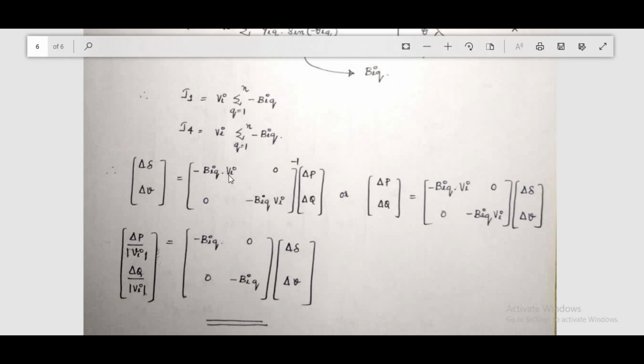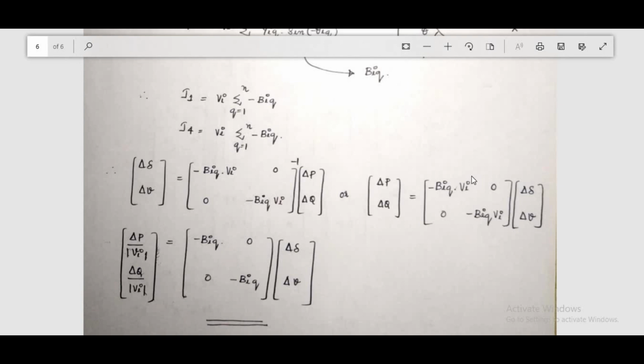If I want to remove this VI, I have to multiply by VI over here. So the modification we made is, we have made some more assumptions to this decoupled load flow method, and we have finally derived the fast decoupled load flow method.